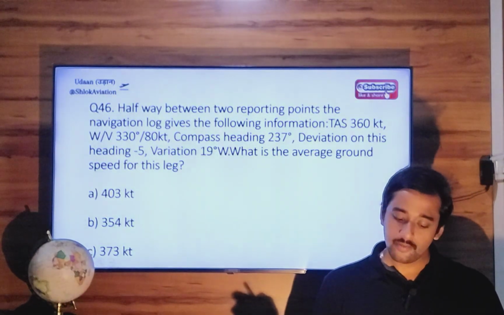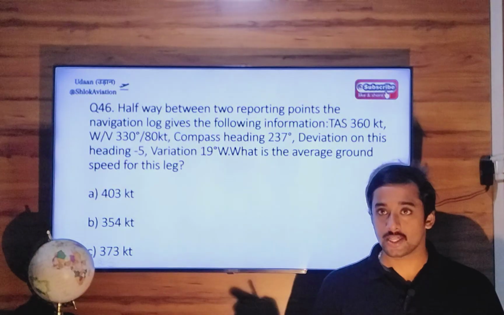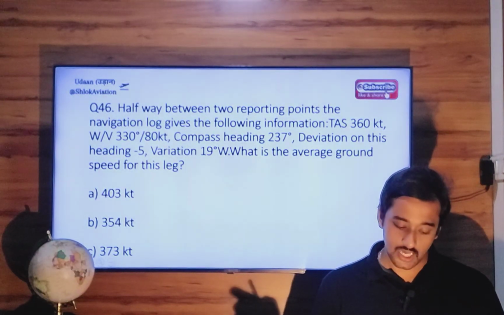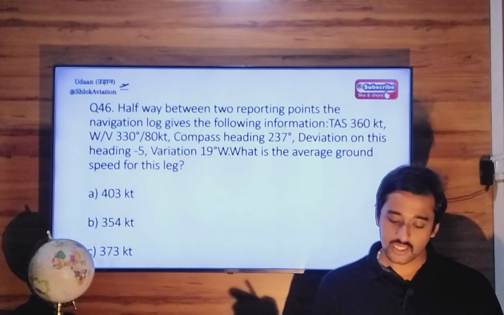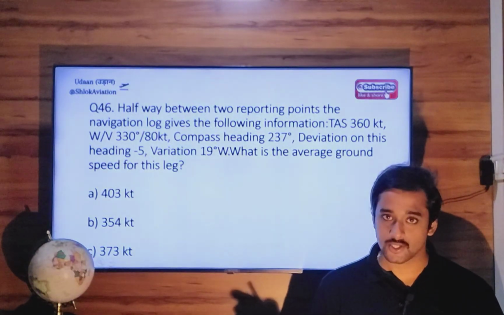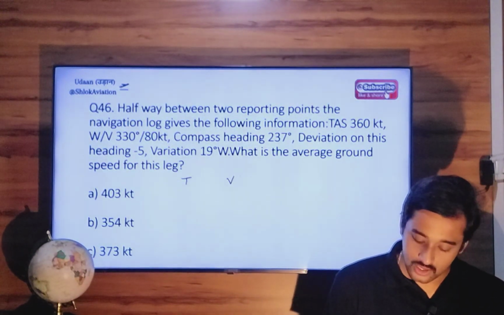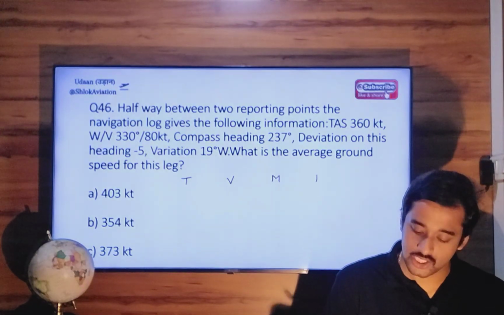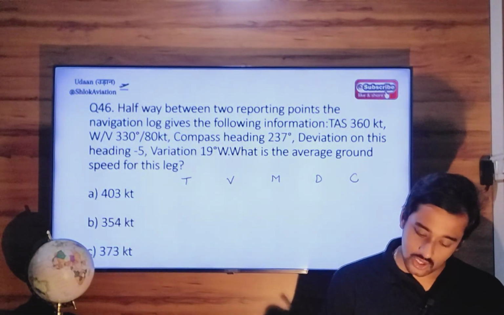46. Halfway between 2 points, the navigation log gives the following information: TAS 360, winds, compass heading, deviation, variation. What is the average ground speed for this leg? So we are going to use CX3. Now, true, variation, magnetic, deviation, compass. The compass heading given to us is 237.